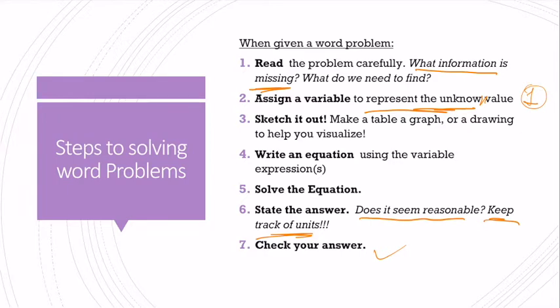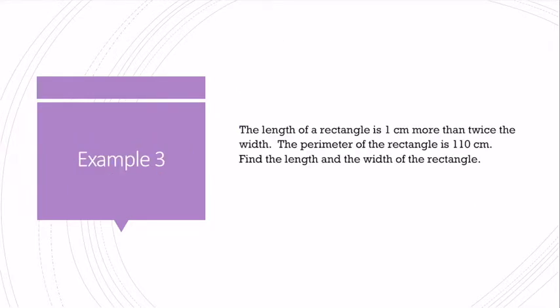So let's go through a first example, about perimeter. The length of a rectangle is 1 centimeter more than twice the width, and the perimeter of the rectangle is 110 centimeters. I want to find the length and width of this rectangle. So friendly reminder, if I have a rectangle, we have our length and our width.